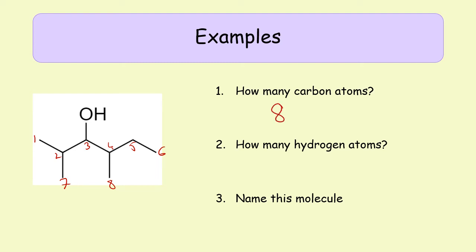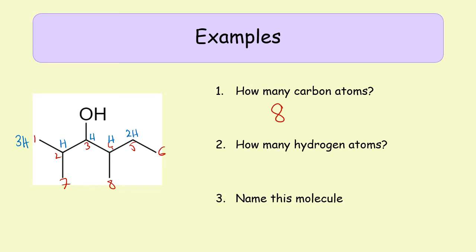For our hydrogens, well, 1 at the end, only 1 bond, so 3 hydrogens here. This carbon number 2 has got 3 bonds, so we've got 1 more hydrogen to go on there. Carbon number 3, 3 bonds, so another hydrogen there. Carbon number 4, 3 bonds, so another hydrogen here. Carbon number 5, 2 bonds, so 2 hydrogens.